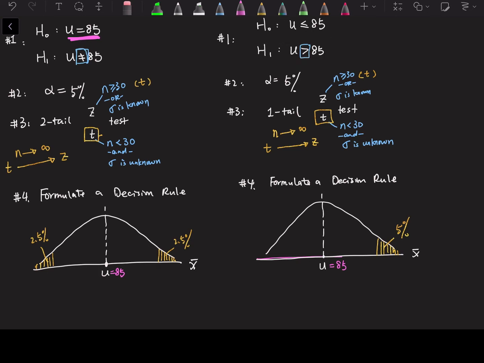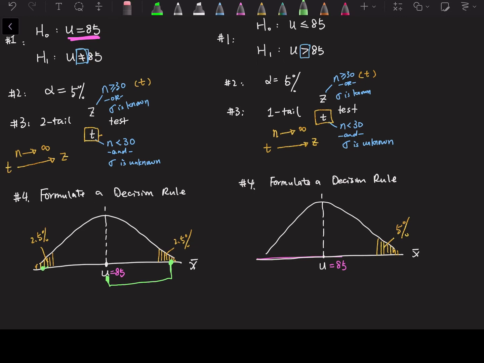If the sample mean falls somewhere here, or somewhere here in these 2 yellow shaded areas, then you will say the difference between the sample mean and the hypothesized population mean is statistically significant.